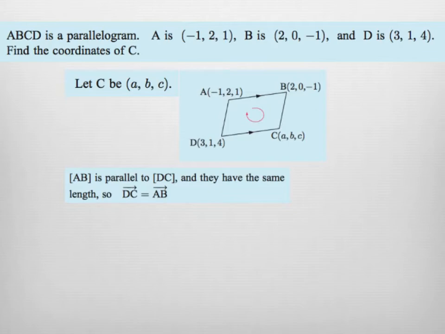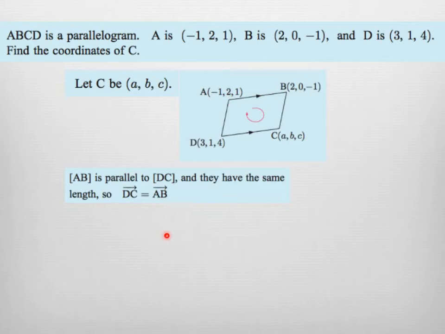So if we can find the vector that represents DC, then we can equate that to the coordinates of the vector AB, right? And so we know AB is going to be what? AB is going to be the coordinates of B minus the coordinates of A, right? It's going to be 2 minus -1 for the x coordinate, 0 minus 2, and -2 minus 1.